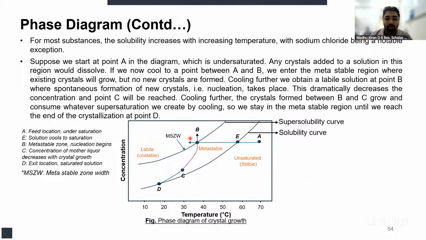So what we can understand from this phase diagram of the metastable zone width is that we always tend to perform the crystallization in this metastable zone, because in this zone the supersaturation is maintained at an optimum level.